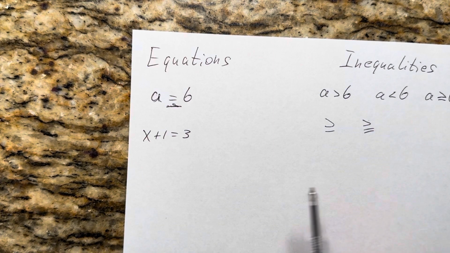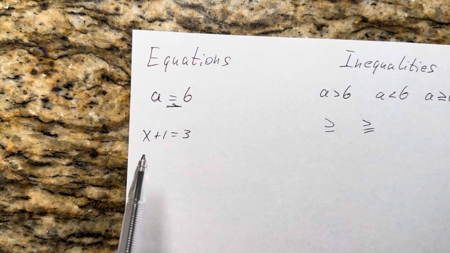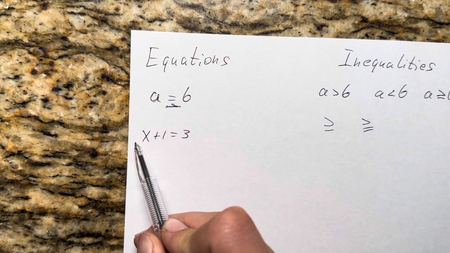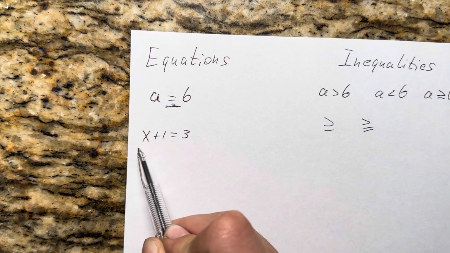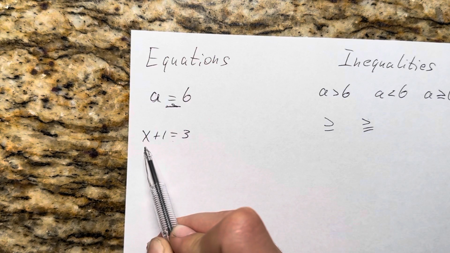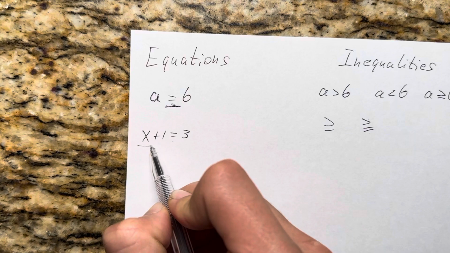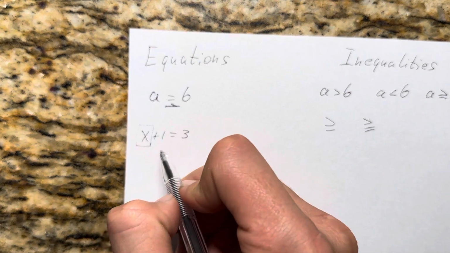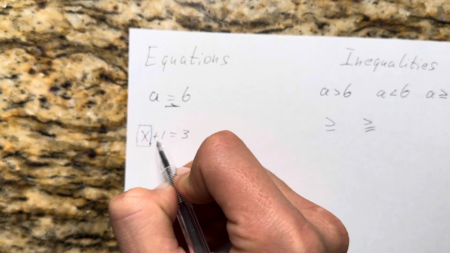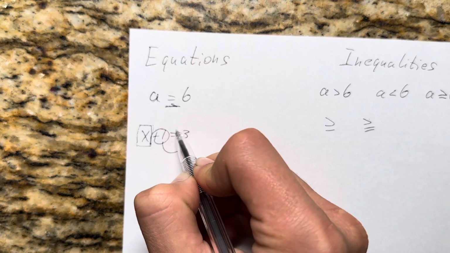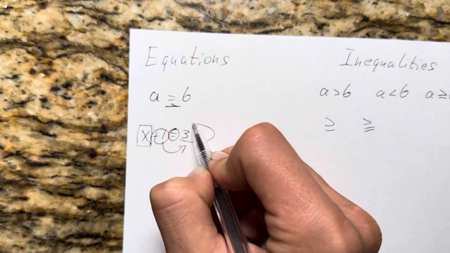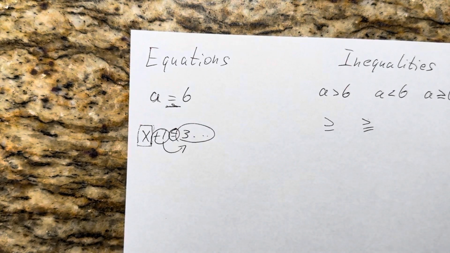So here we're trying to solve for x, and in order to do that we have to move everything on the side of the equal sign with an x away from the x.